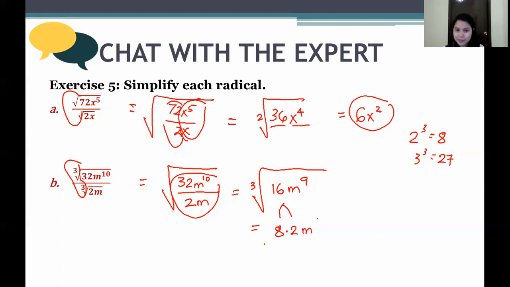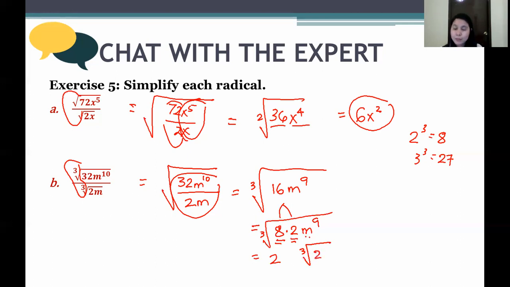M to the 9th, copy. So cube root of 8 is 2. There's a cube root, so it will go outside of the radical sign. Cube root of 2, there's none, so it will stay inside.